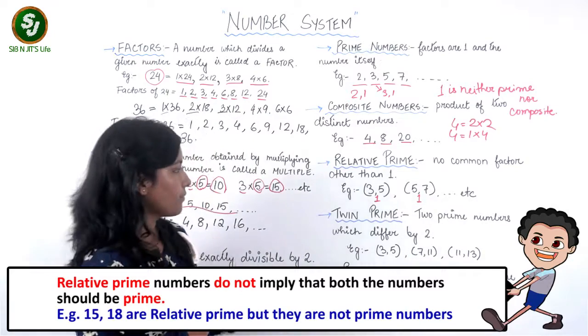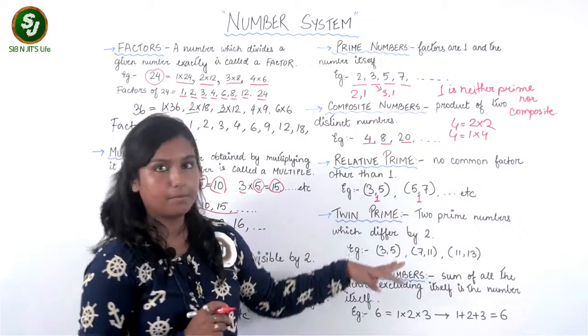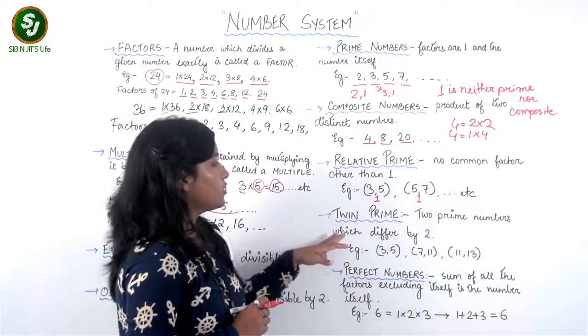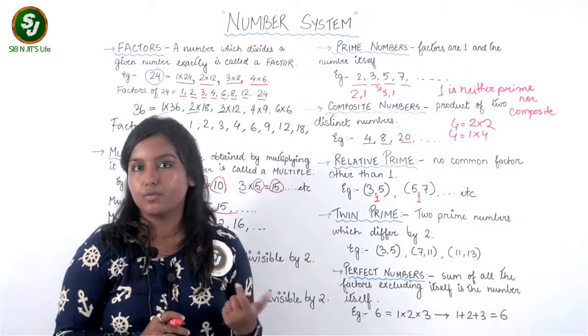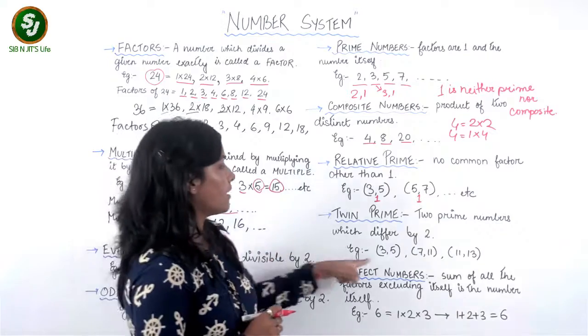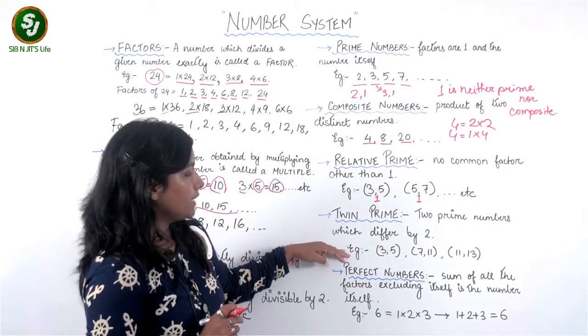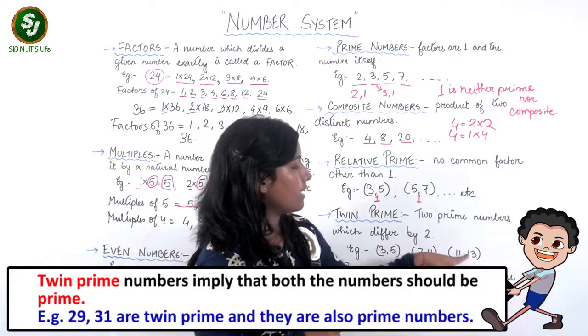Okay. Next we come to twin prime. So what are twin prime numbers? Twin prime numbers are two prime numbers which differ by 2. Okay, two prime numbers, when the difference between them is 2, then such numbers are termed twin prime. So the examples here are 3 and 5, 5 and 7, 11 and 13.